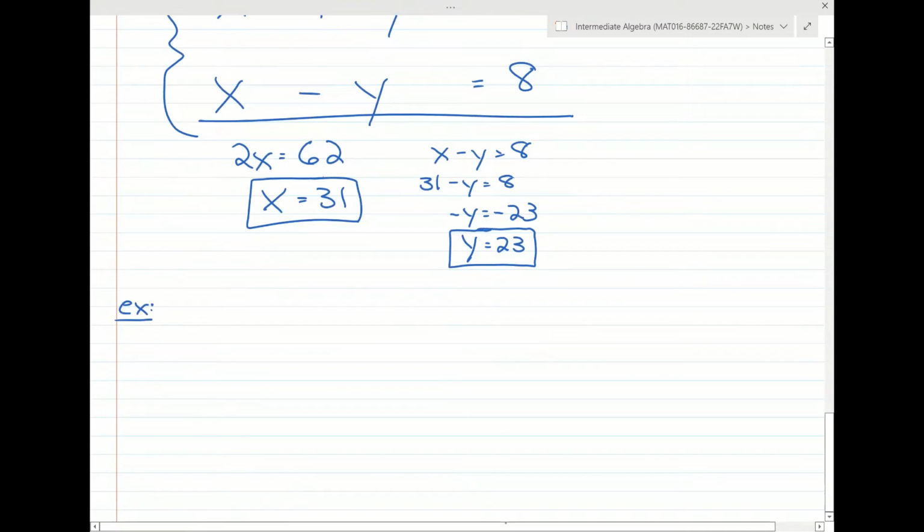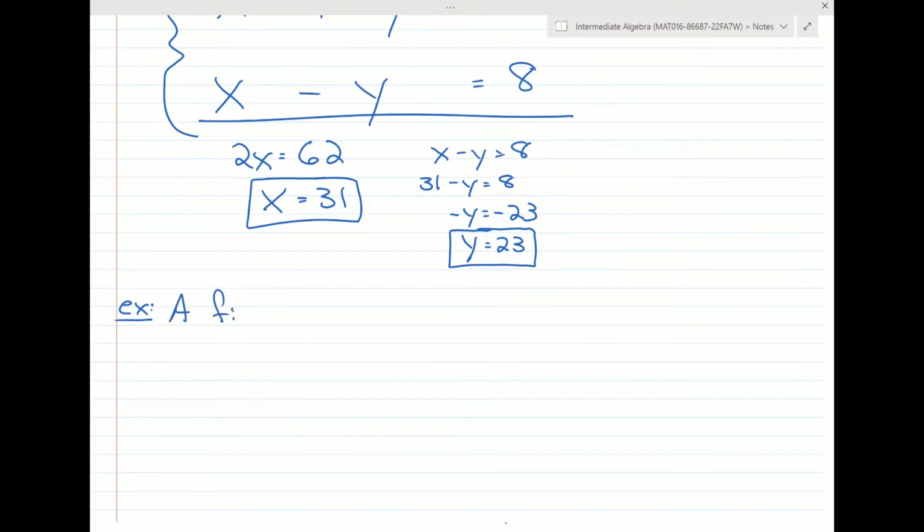Okay. What if a first number plus twice a second number is 6?